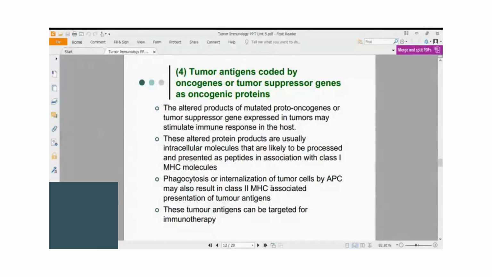Tumor gets targeted because of the presentation of antigen on class 1 and class 2 MHC. So the tumor antigens originating from mutation of the normal proto-oncogenes could also serve as antigens for the development of the immune response. And the T cell immune response is very strong against these antigens, which are recognized.